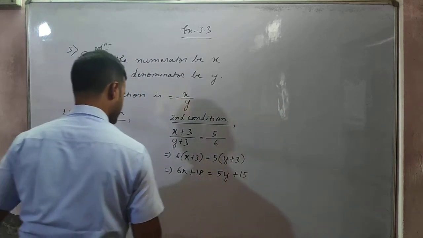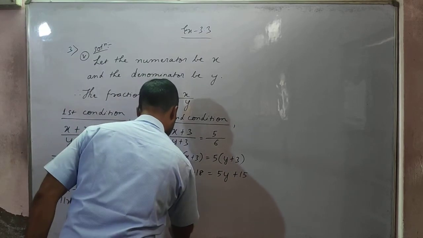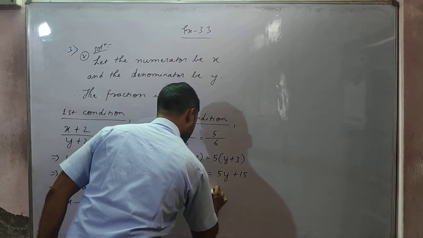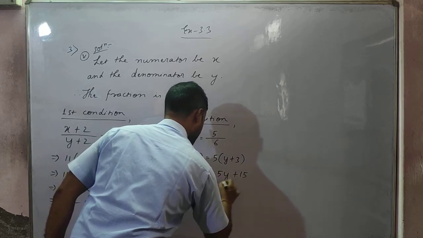So what we'll do here students, 6x plus 18 equals 5y plus 15.